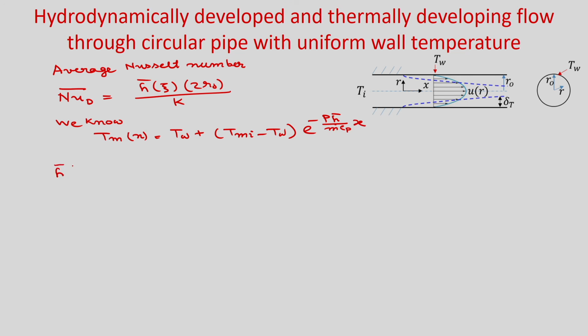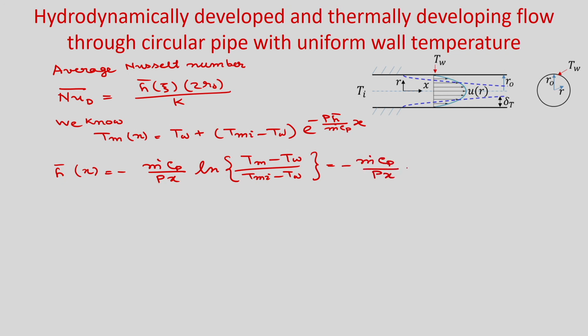So, from here you can find h bar x is equal to minus m dot C p divided by P x ln T m minus T w divided by T m I minus T w. Okay. And T m I is T I actually. So, it will be minus m dot C p divided by P x ln theta m.